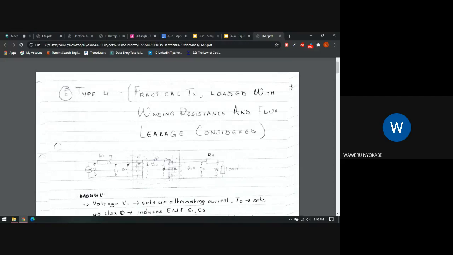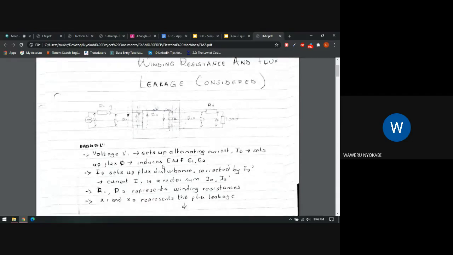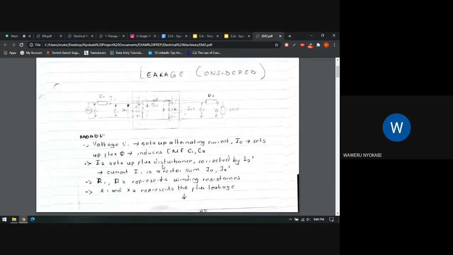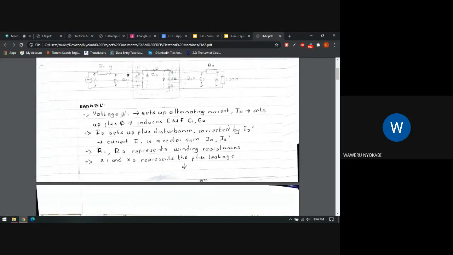In the research questions, there's a question that touches on the circuit model. So in order to get the circuit model and quickly go through this, whatever we said in the operation of type 3, we're going to carry forward here, only that now we're adding X1 and X2.